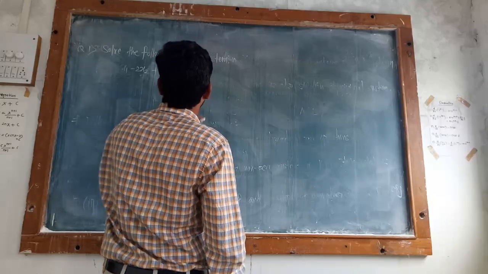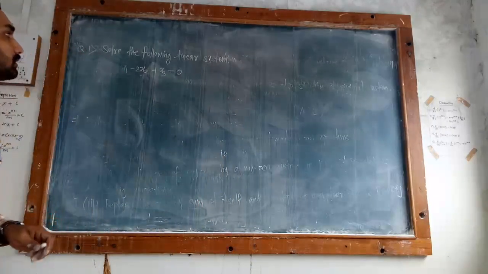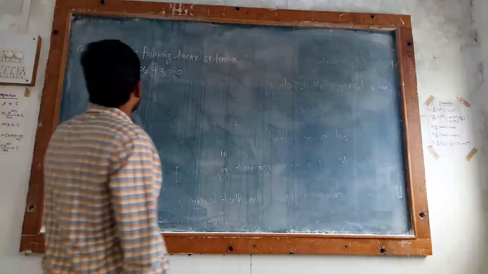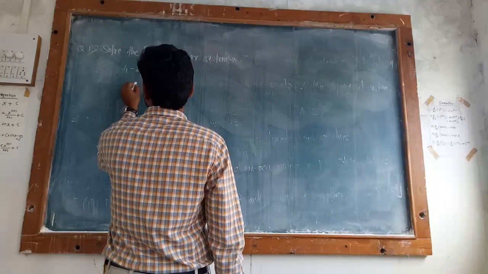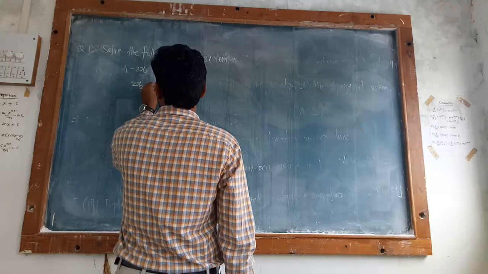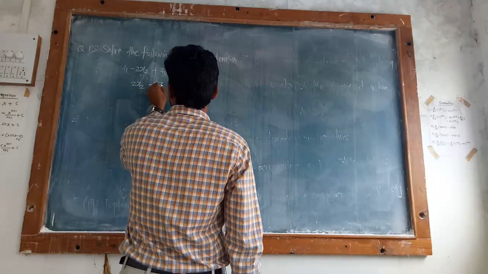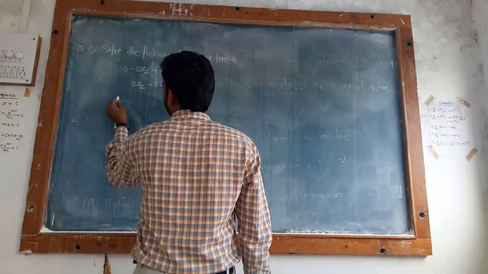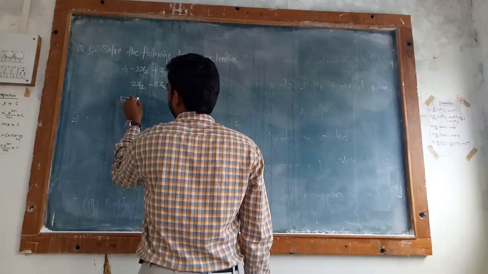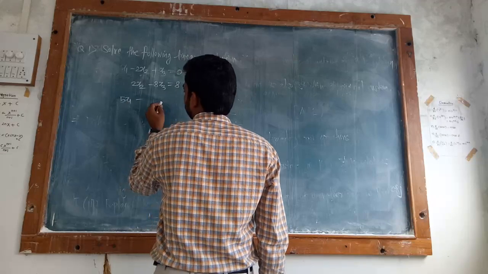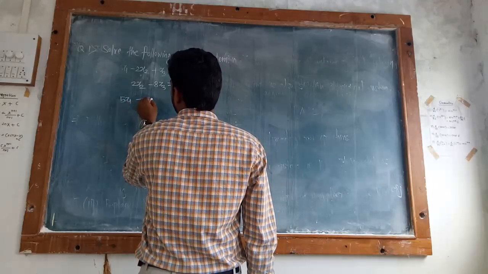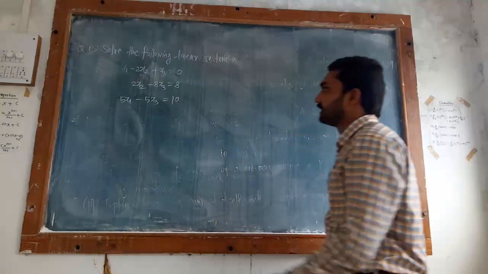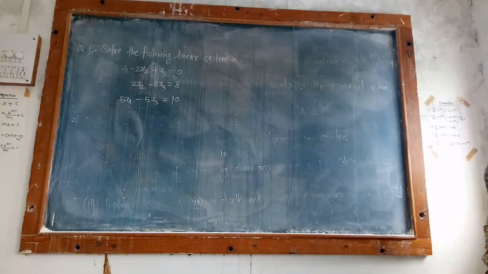The second equation becomes 2x2 minus 8x3 equal to 8. Your last equation becomes 5x1 minus 5x3 equal to 10. Okay, this is your system of linear equations.